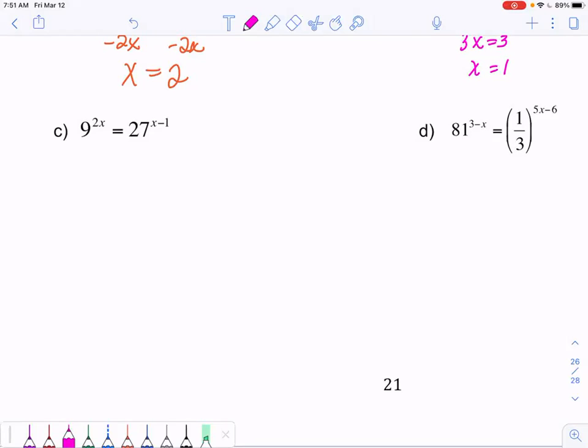Remember, when you're solving for x, you can always check your work. You can mentally plug that in and make sure that those exponents are remaining the same, once you have that same base.